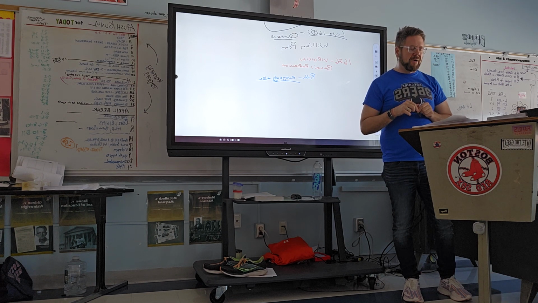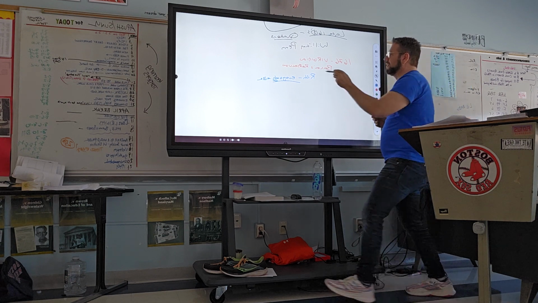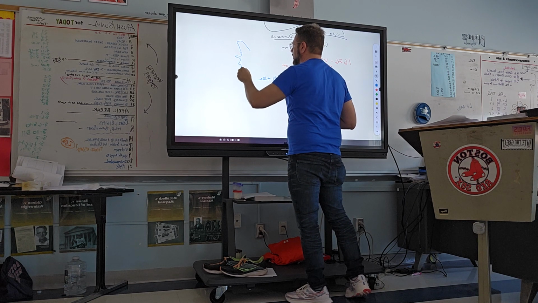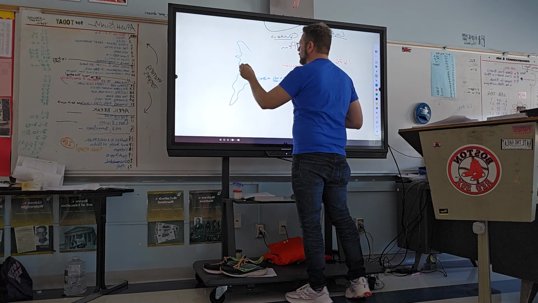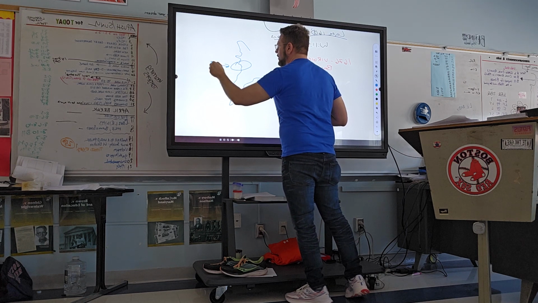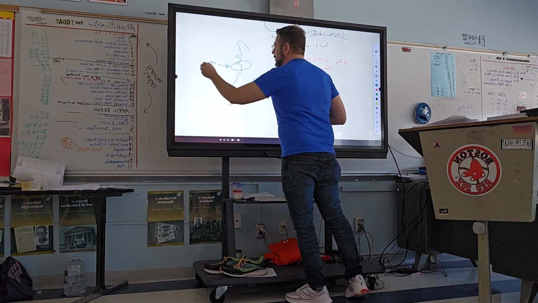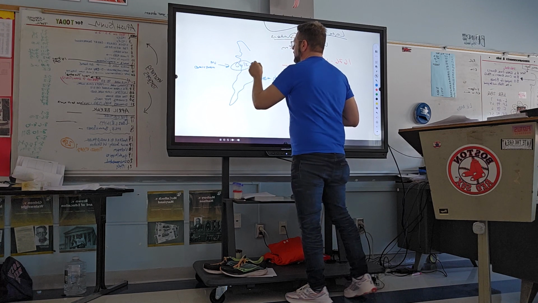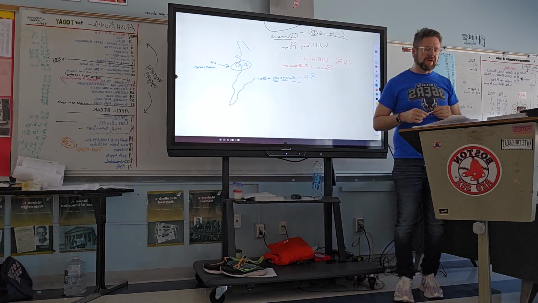The last part of the 1700s, this whole Chesapeake region, which is right here, Virginia and Maryland, is going to be all about slaves. Slaves are going to dominate this region from tobacco.